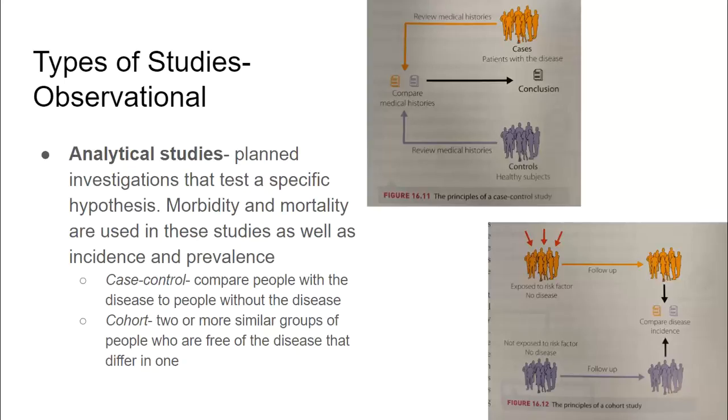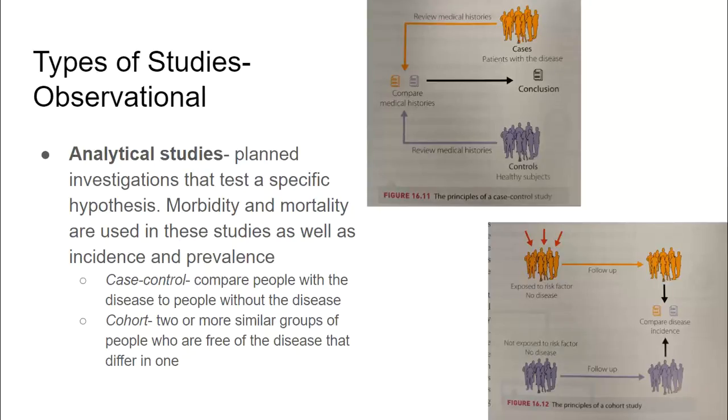In cohort control, we're looking at two or more similar groups of people who are free of the disease that differ in one factor. So we compare the disease incidence. So one factor is different in these cohort studies. In the image here, we see one of the groups being exposed to the risk factor and then others not being exposed to the risk factor, and following up and comparing whether they in fact do contract or end up with a disease.